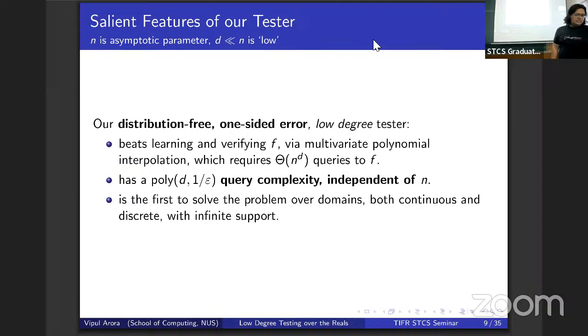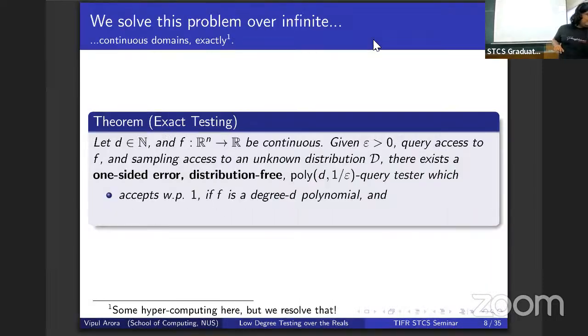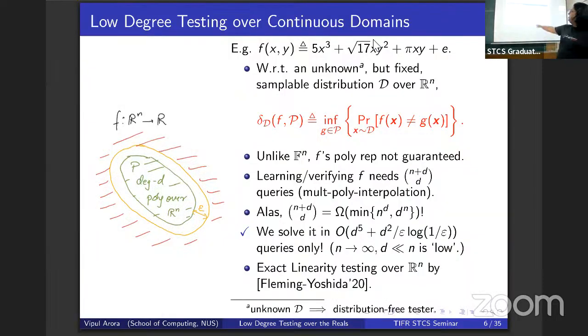Maybe you said this, but what is the complexity for the Noah and Yuichi linearity tester? Good question. You substitute d equal to 1 over here, and you get 1 plus 1 over log 1/epsilon. Is it like taking random points and checking something in the combination?